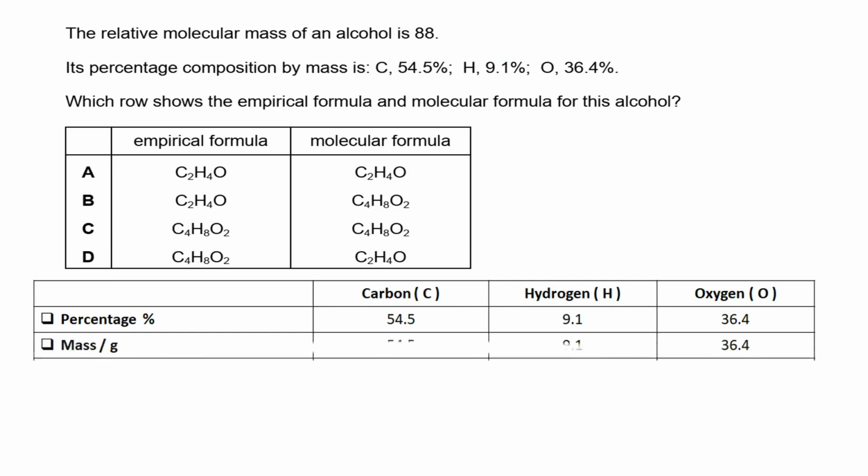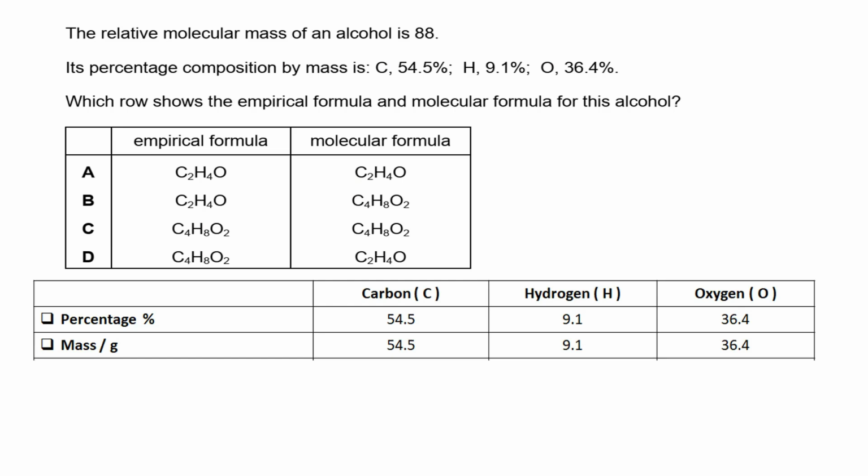So we have 54.5 gram of carbon in each 100 gram of this alcohol. Okay, for hydrogen 9.1, for oxygen 36.4. Just substitute percent by gram.